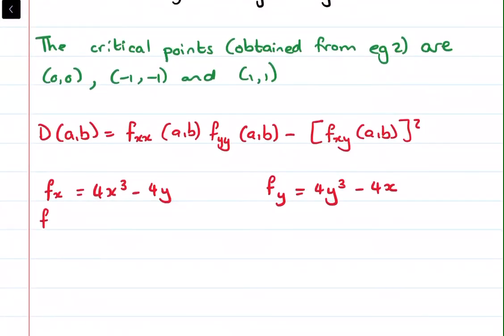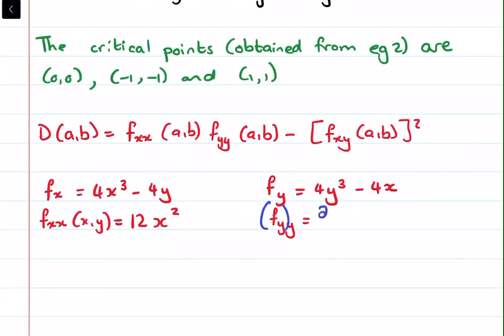Now let us find the second partial derivatives at (x, y). fxx is 12x squared, right? That's what we have. And fyy means that we are taking the partial derivative. Remember that if you cannot remember what we are doing here, you put brackets.